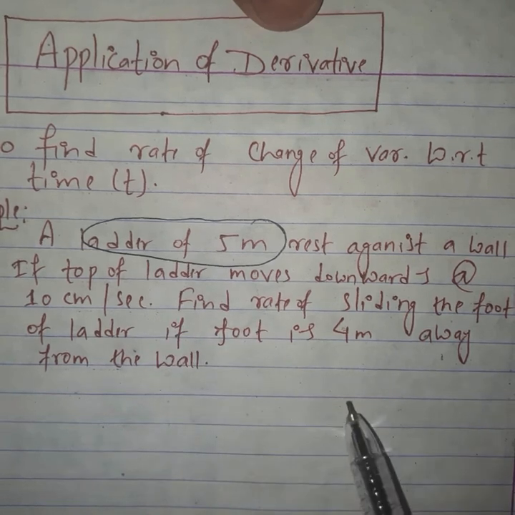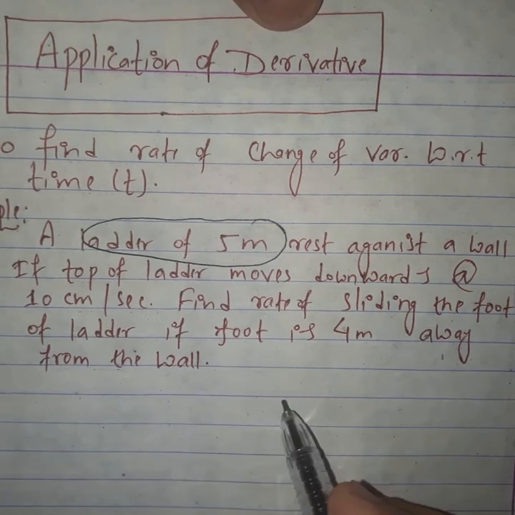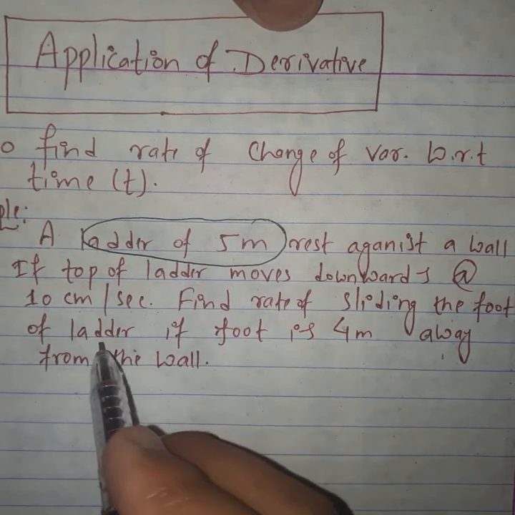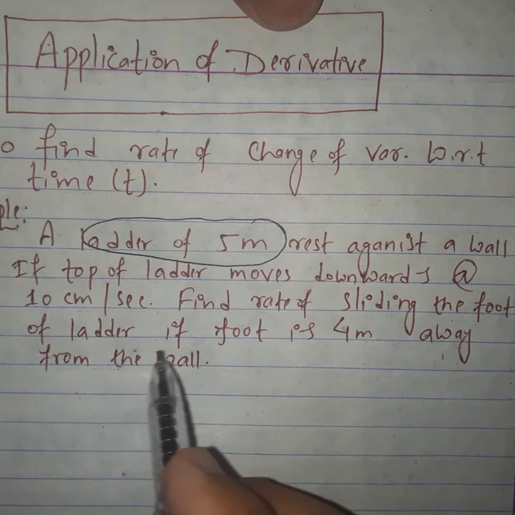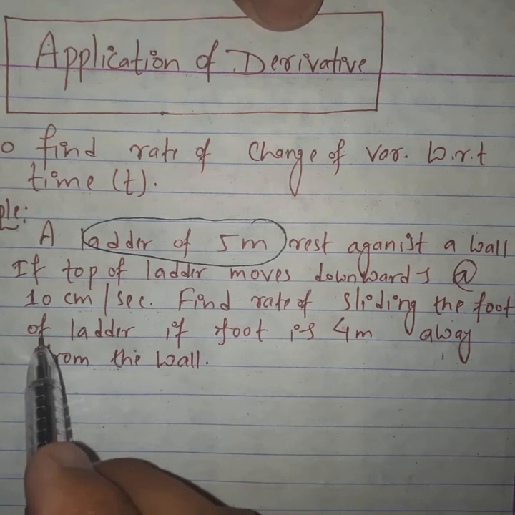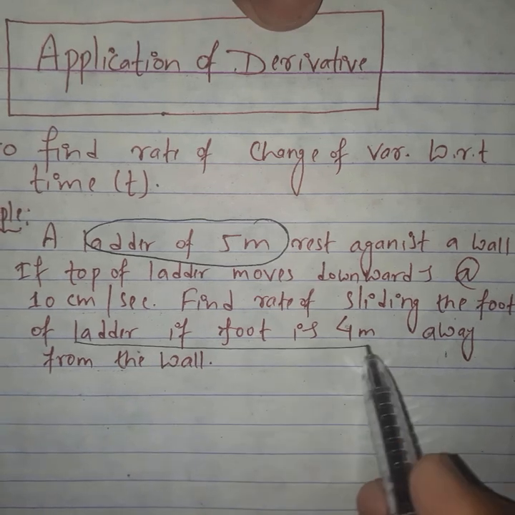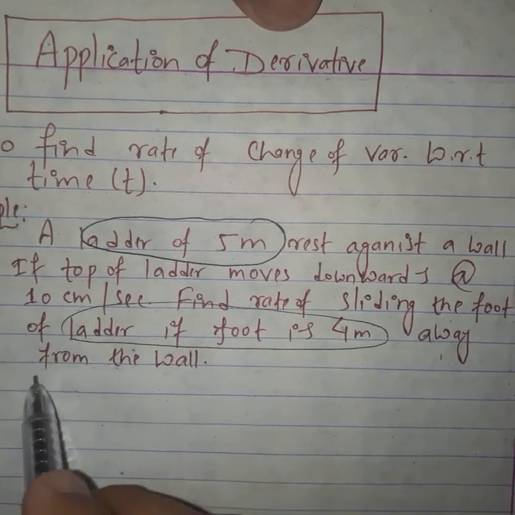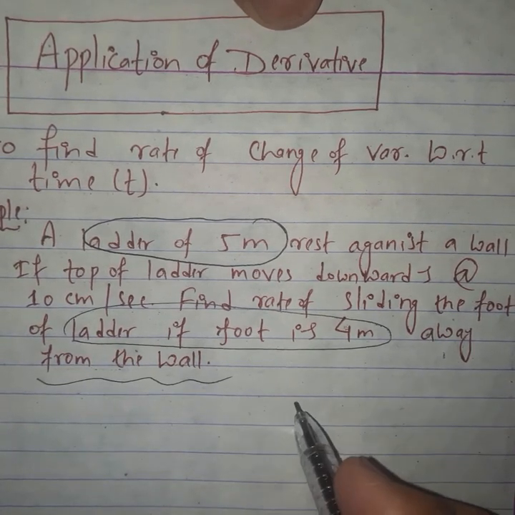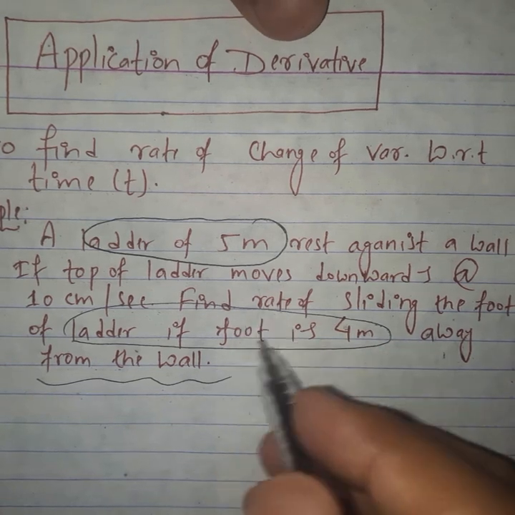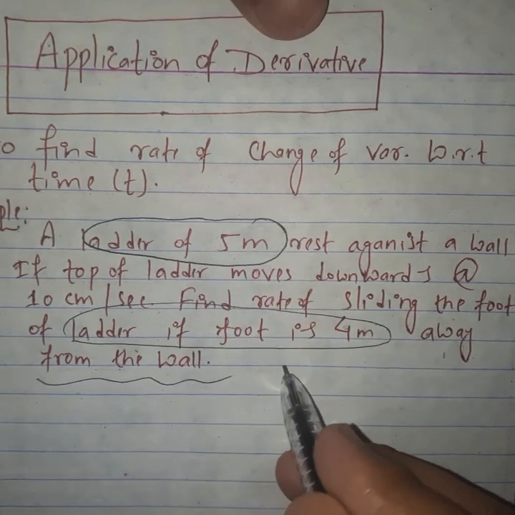Let's visualize this problem by making the figure on the condition. If the ladder is at a distance of 4 meter away from the wall, let's draw a figure to illustrate this problem.